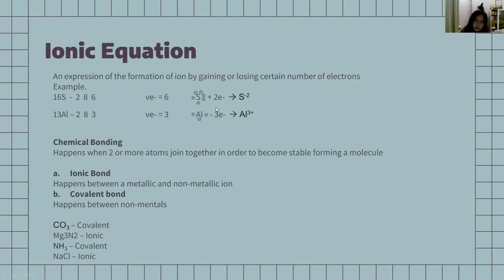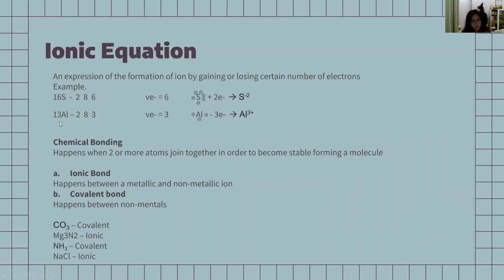For this to be stable, it needs 2 more electrons, right? And so we write like this, plus 2e-. Because it gains electrons, its charge becomes negative.